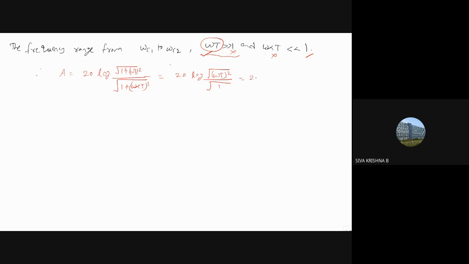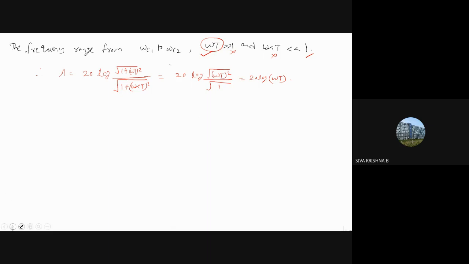So that is 20 log omega T. Okay, completed.